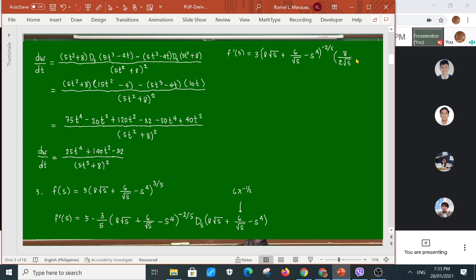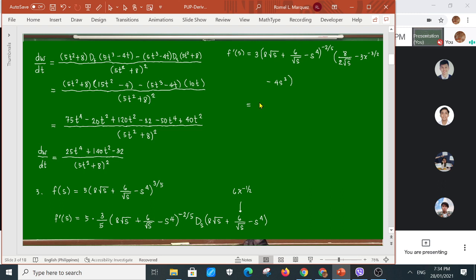What's the derivative? So 6 times negative 1/2, negative 3. Then x to the minus 2 over 2, minus 1, meaning minus 2 over 2, that is negative 3/2. Okay? Then plus negative 4s cubed. Enclose.